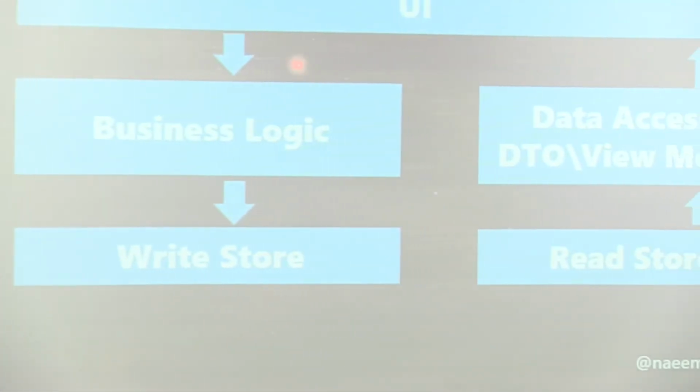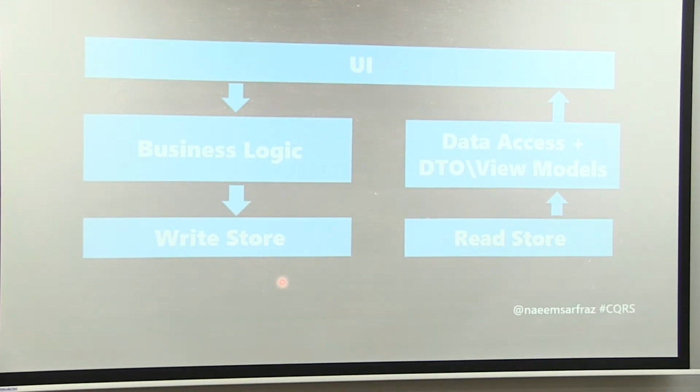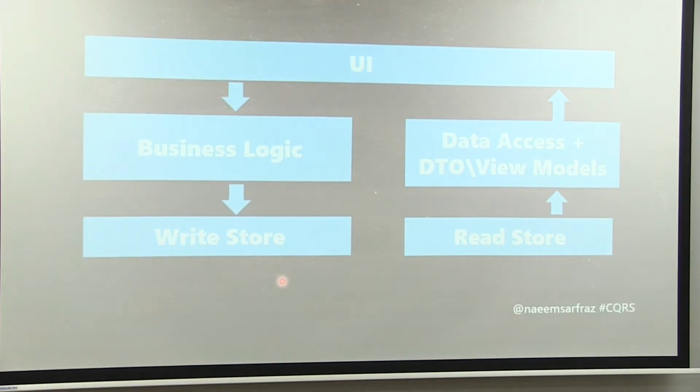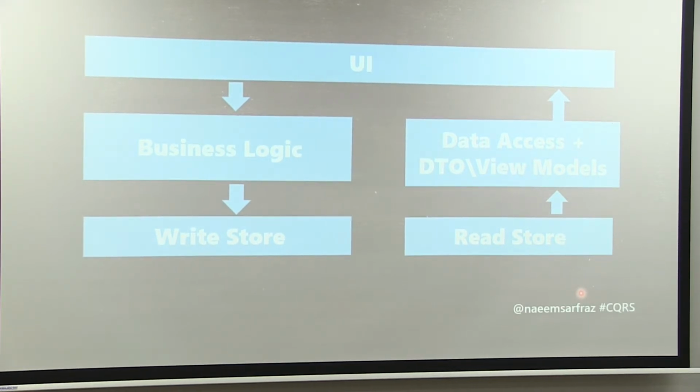Now, the issue there then is, if we look back at our architecture again, we then start to do something like this, where we are writing data to where we've always been writing data to, but then we're creating something called a read store, or we have a database or some tables, or maybe even a different piece of technology that is being used to read data from.